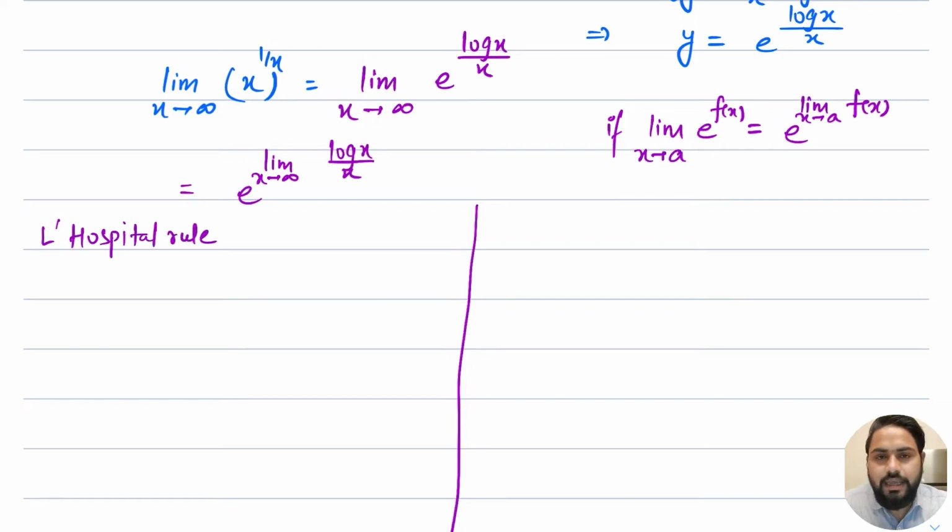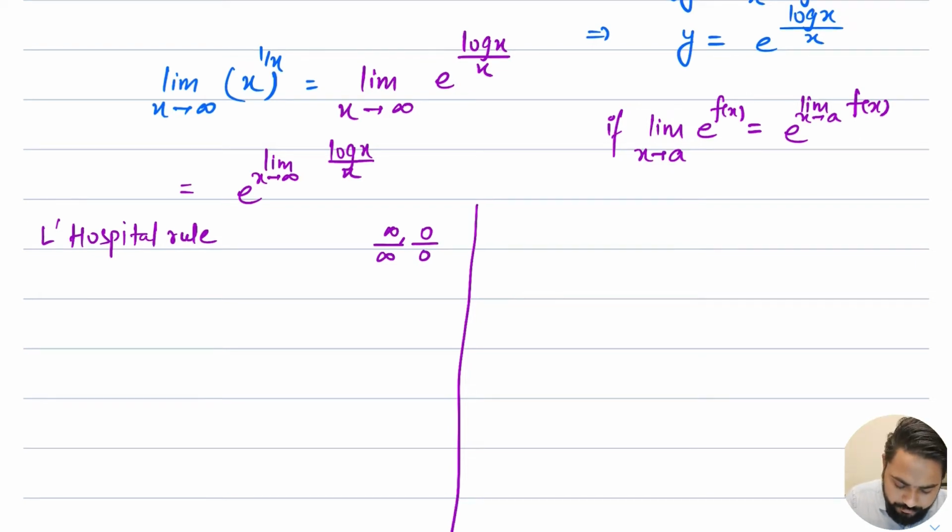This rule says if you have a limit of the form 0 by 0 or infinity by infinity, you can just differentiate the numerator and the denominator to find the limit, or you can keep doing it until you get the limit. So in this rule we write limit x tending to infinity of log x over x, and take the derivative of both the numerator and the denominator.